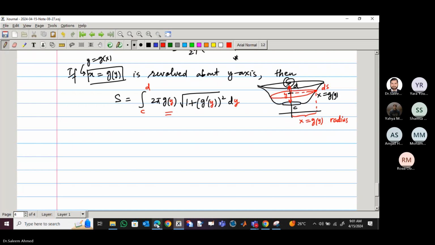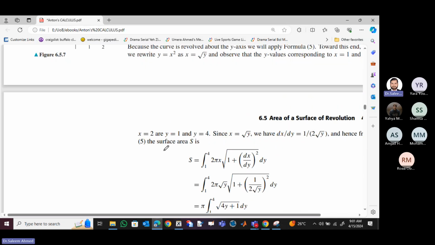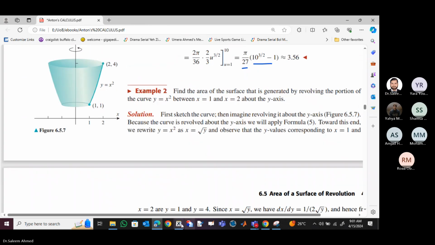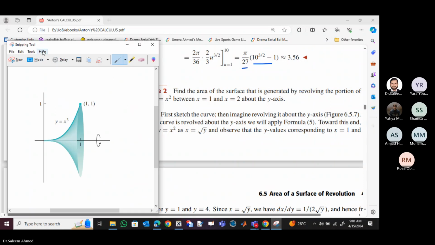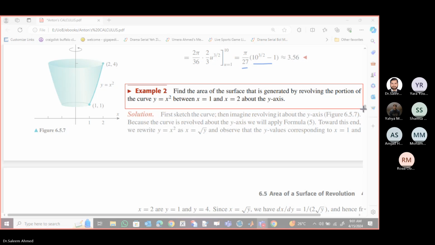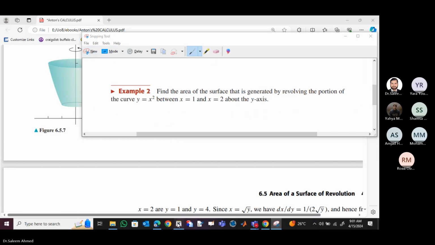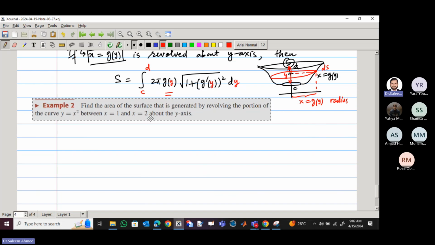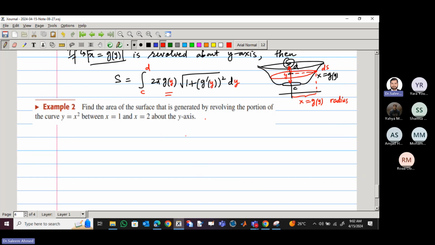So this is an example where they gave me the problem where the revolution is about the y-axis, right? Find the area of the surface generated by revolving the portion about the y-axis. Now see, this is the y-axis now.